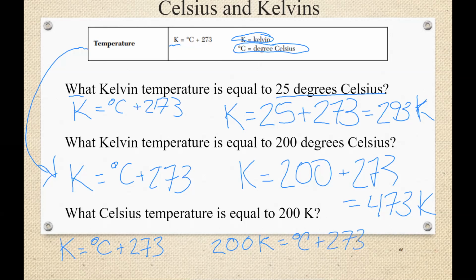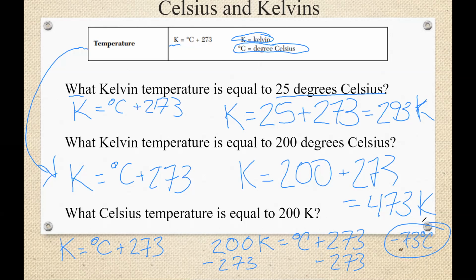How do we solve for this degrees C? Well, we subtract 273 from both sides, and what we end up with is negative 73 degrees Celsius. Hopefully that is clear. If not, ask about this in class tomorrow.